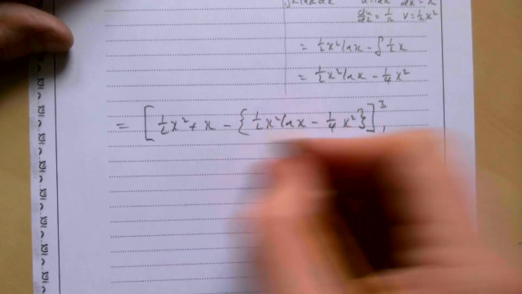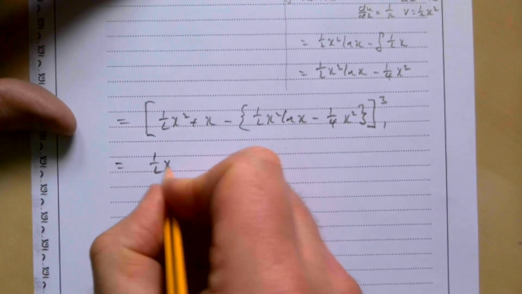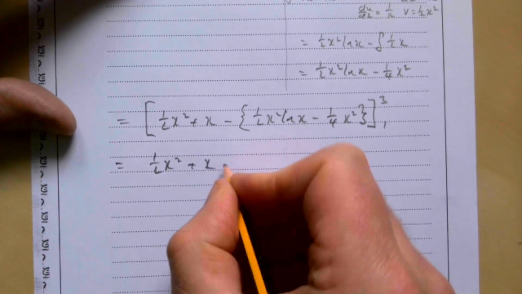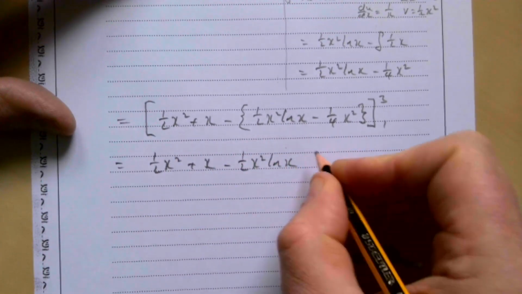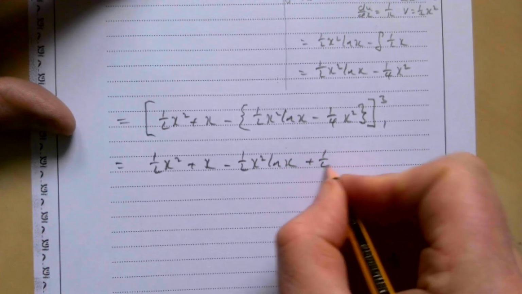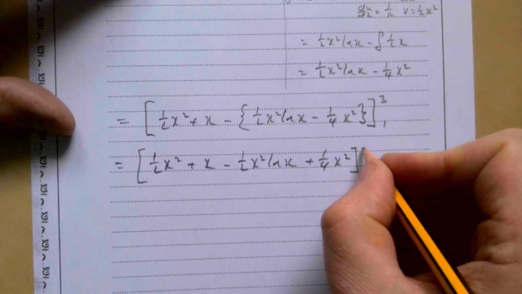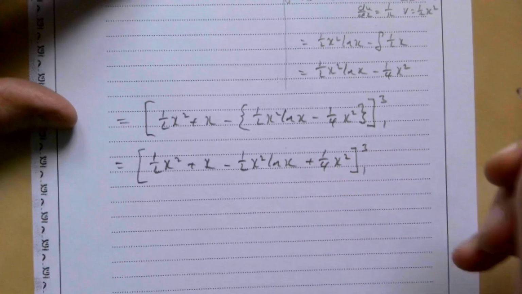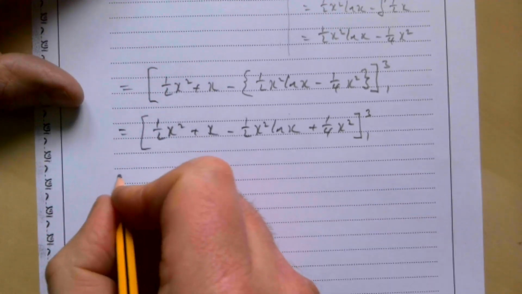Just to tidy this up a wee bit and get rid of my minuses, it's going to be a half x squared plus x minus a half x squared ln x plus a quarter x squared, and that's between 3 and 1. They want the exact value, so let's again work through our sums from here.